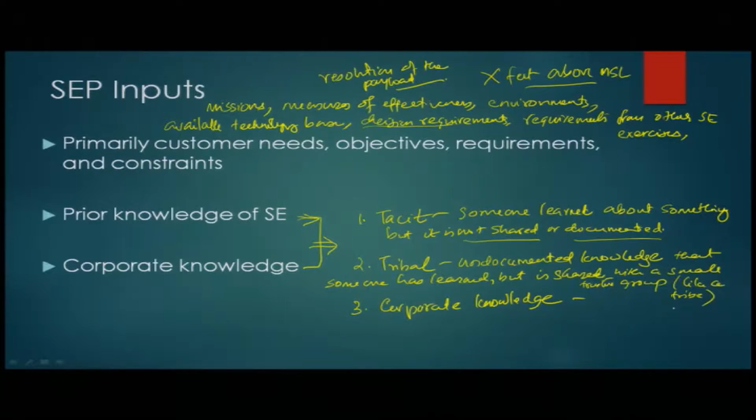So this is called tribal knowledge. There is no documentation to this knowledge. Somebody learned about it, but it is shared with a small trusted group of people like a tribe or a clique. They know about it. That is usually true because if there are people working in a manufacturing cell, there may be 4 or 5 workers there, they would have knowledge about each and every machine, so you can call those 4 or 5 people a tribe, and they know what to do and what not to do.